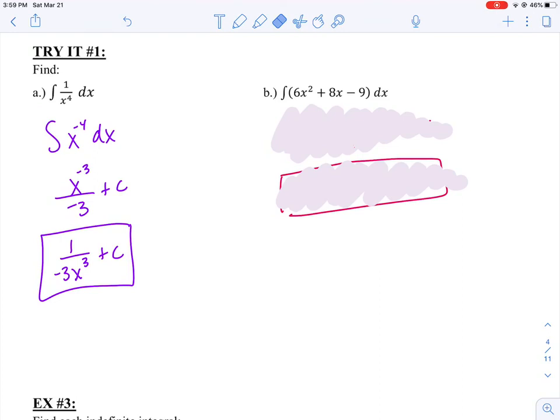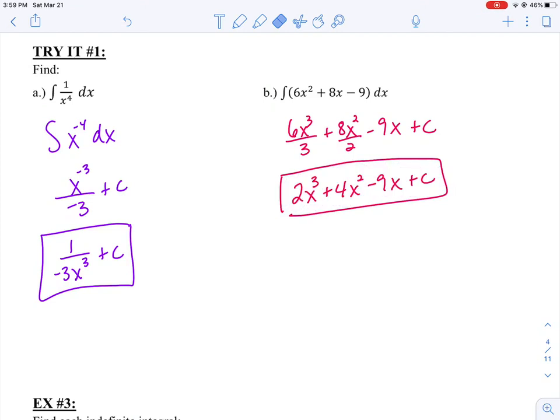So I have 1 over negative 3x cubed plus c. On b, I use my rule that I can take the antiderivative of each piece separately. So using my power rule again, I added 1 to the exponent and divided by that new exponent. I simplified a little bit and I got a final answer of 2x cubed plus 4x squared minus 9x plus c. I hope you guys got the same answer as I did.